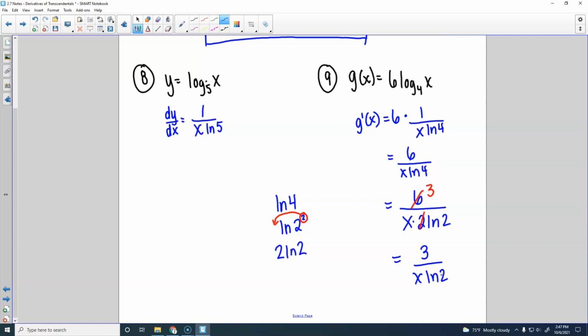And it is because 3 over x natural log of 2 is. So it may just be helpful to tell yourself natural log of 4 equals 2 natural log of 2. So if you see a natural log of 4, multiple choice questions, a lot of times they break that down and simplify it. So that one's a little tricky. But if it's free response, you don't even have to do that. You can just leave it like this.